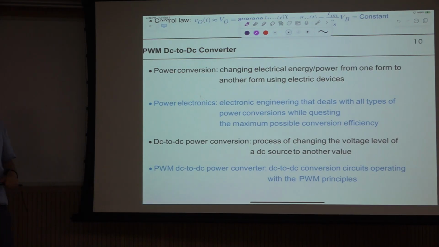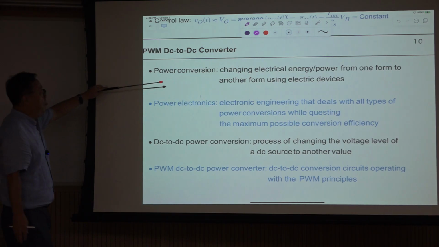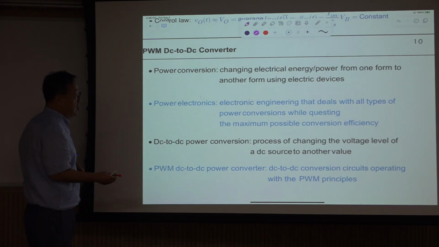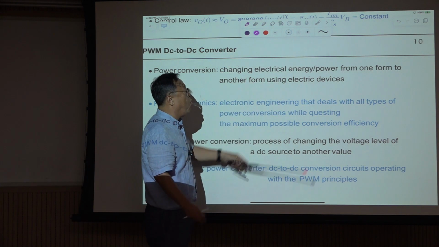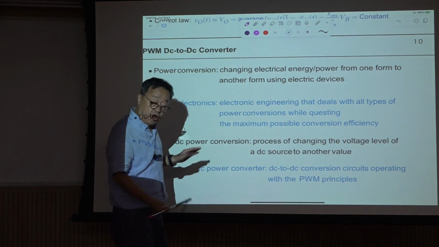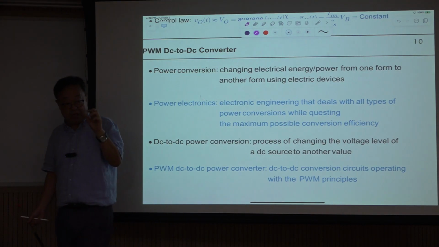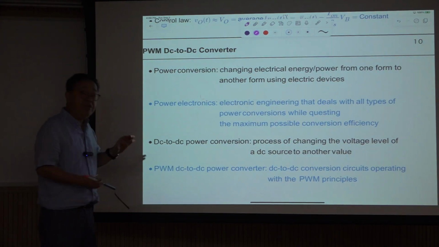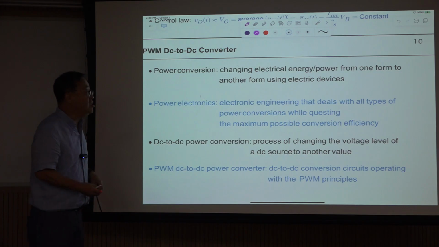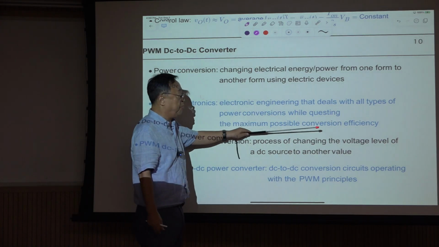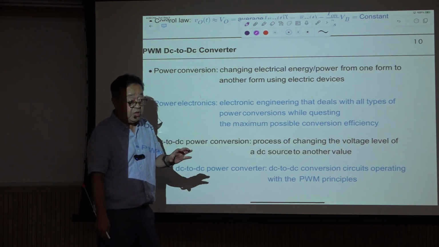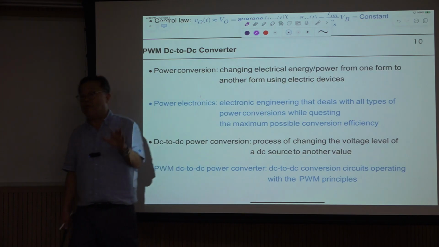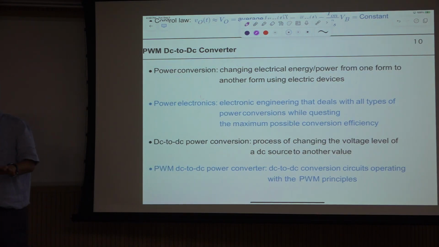Power electronics is electronic engineering dealing with all types of power conversion. But the most important thing is that we do not allow any power loss, theoretically. That means you are targeting the maximum possible power conversion efficiency of 100%. That is not possible, so we are trying to minimize power loss as much as possible.